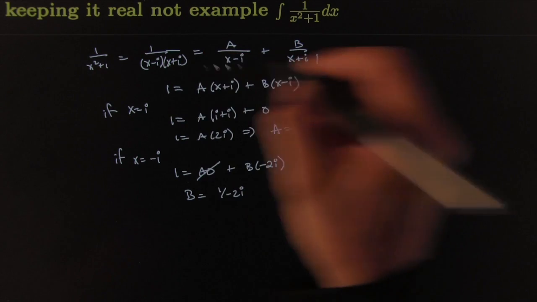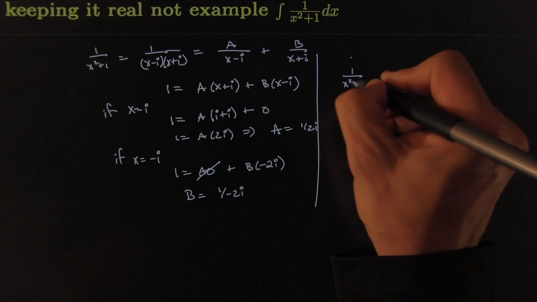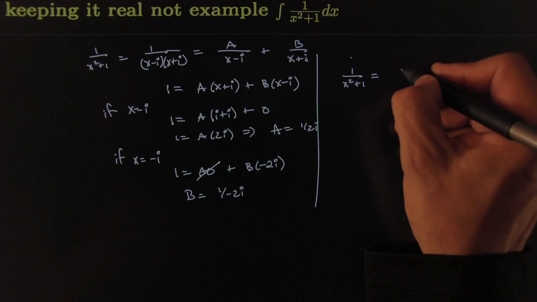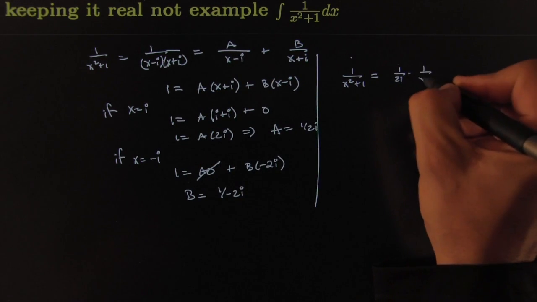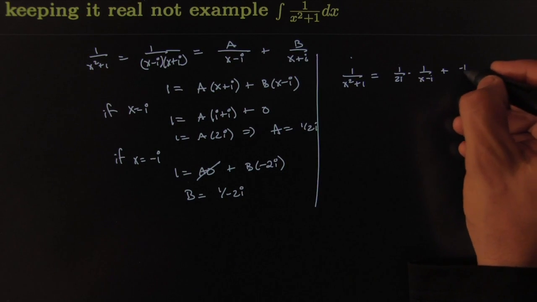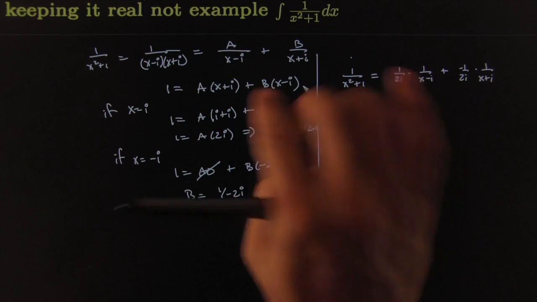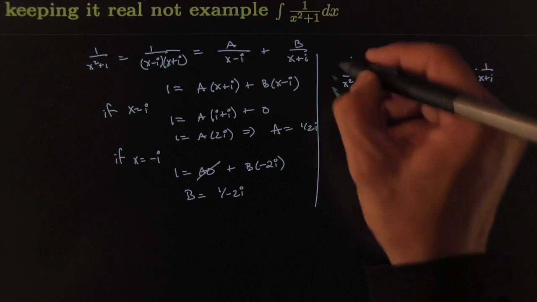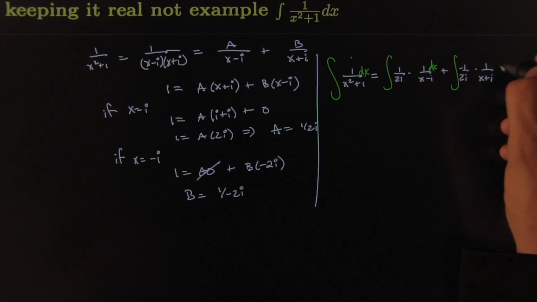This tells you that our original rational function, 1 over x squared plus 1, could be written as 1 over 2i, that's the a, times 1 over x minus i, plus -1 over 2i times 1 over x plus i, that's our b. Which would imply furthermore that if I take the integral of this, it's the same thing as taking the integral of this and that.